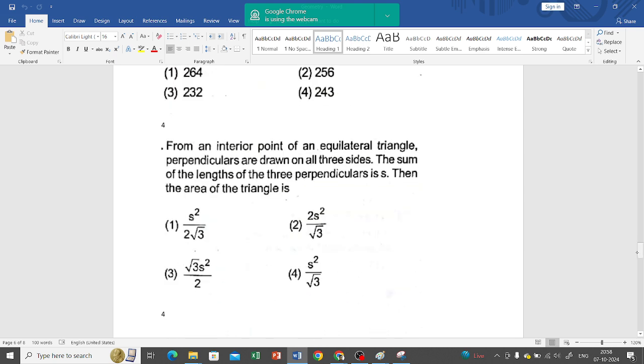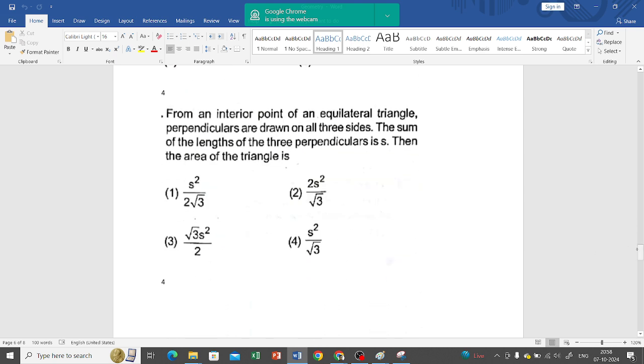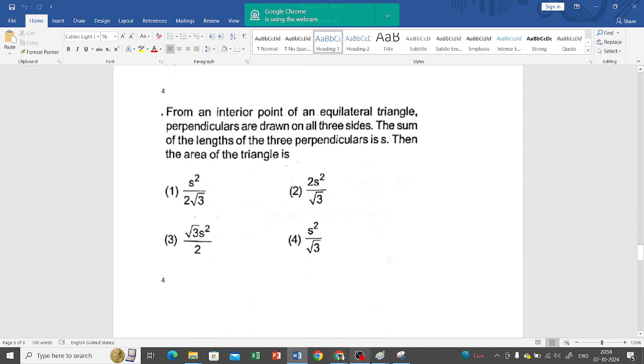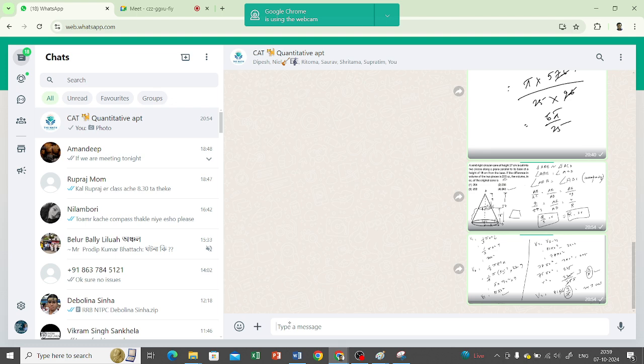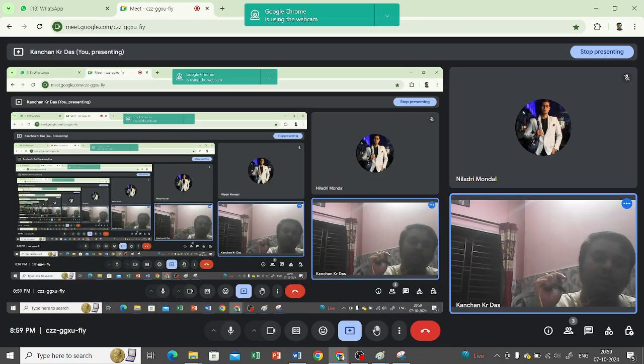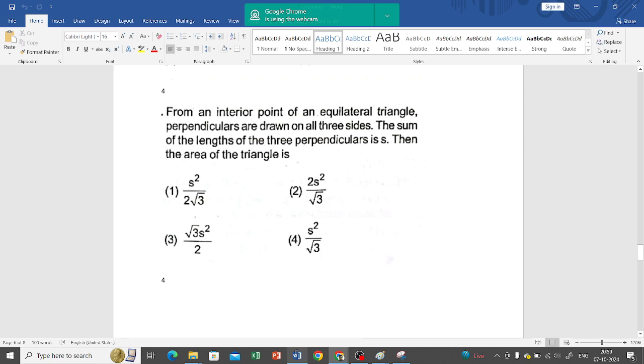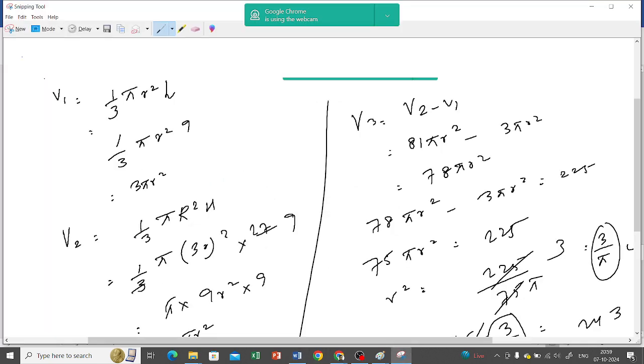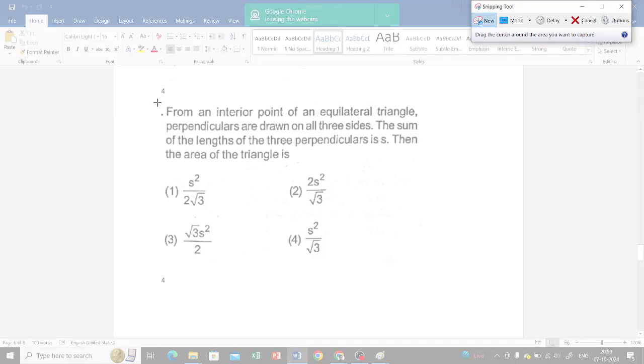Okay, হয়েছে? বুঝতে পারছিস তামা? See, remember that in cones, in sums involving cones, many times you have to apply this concept of similarity. Okay, so let's move on to the next one.